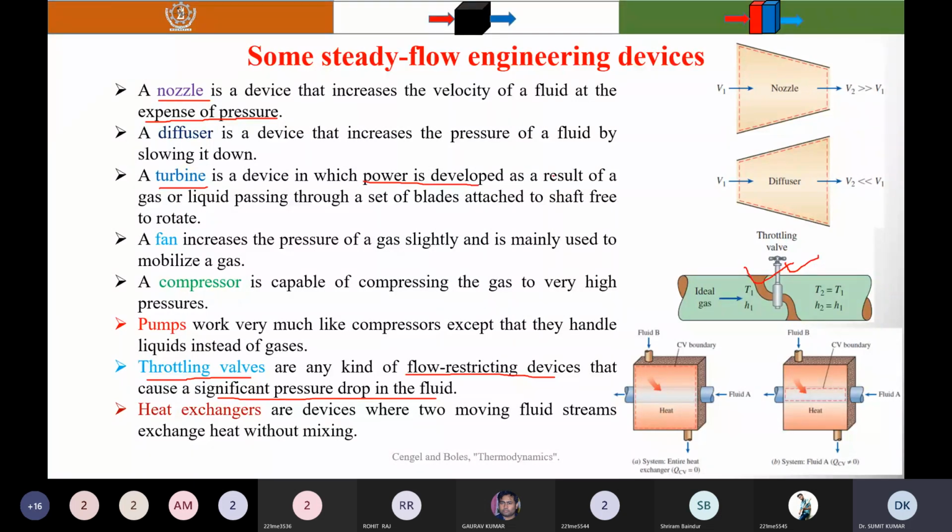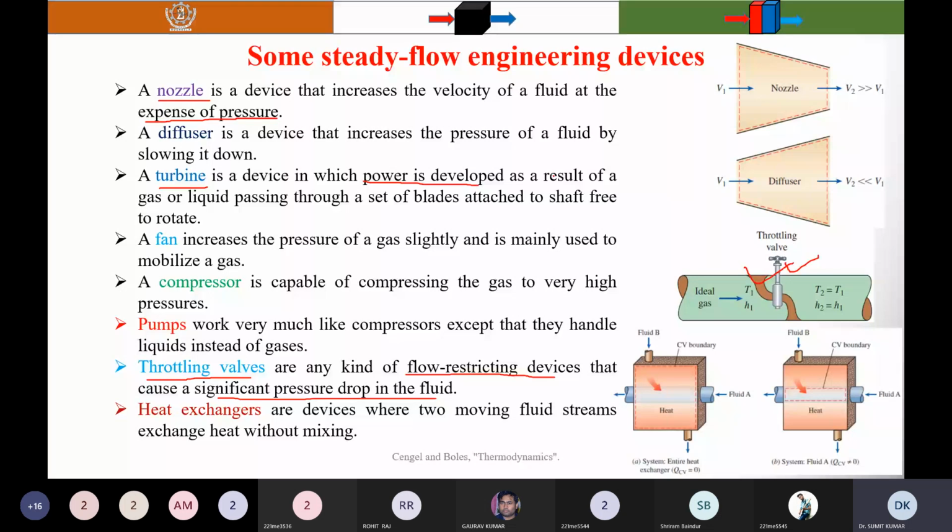If you remember, we use the throttling valve for the expansion in refrigeration and air conditioning. The pressure drop in the fluid is accompanied by a large drop in the temperature, and because the temperature decreases, we use a throttling device in refrigeration and air conditioning systems.